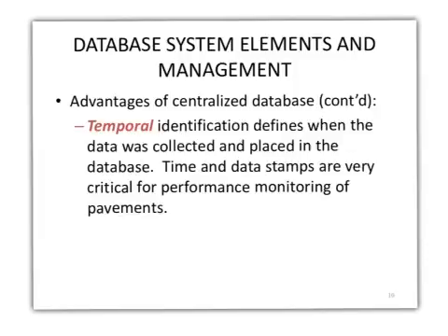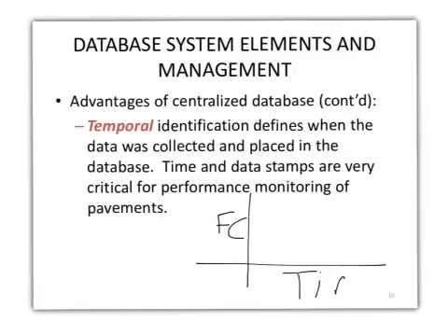Sometimes when I collect, let's say, fatigue cracking, and for example, if I plot fatigue cracking versus time, and fatigue cracking was going up with time, and then all of a sudden it goes down, and then it goes up again, you may wonder, what's the problem at this point here?